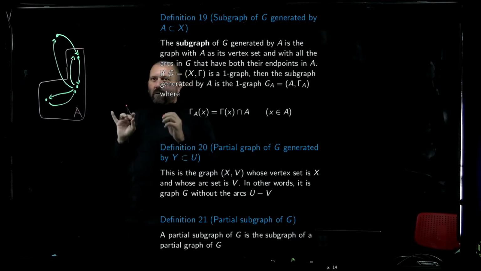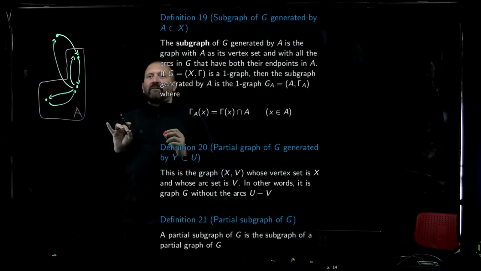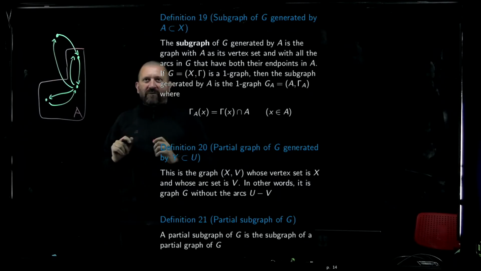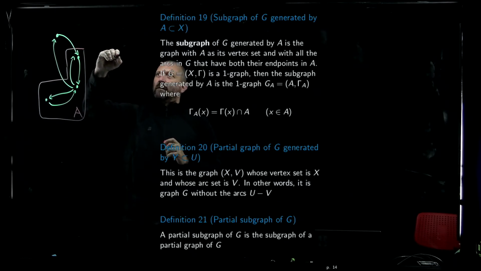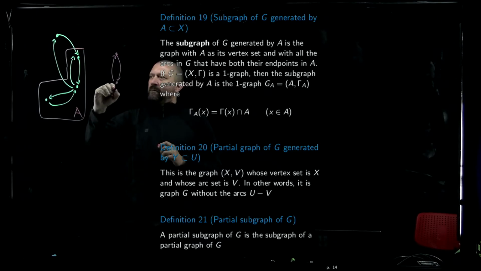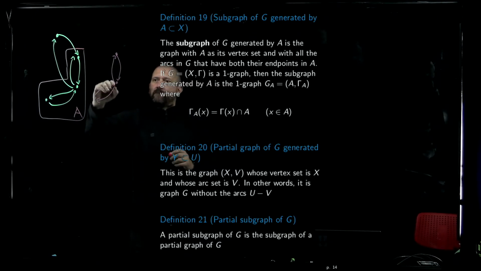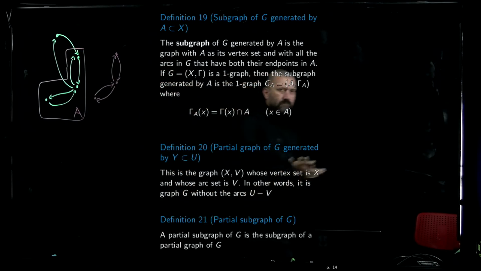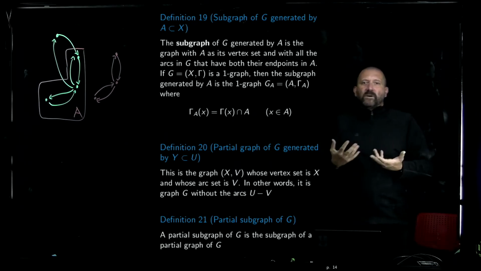So I can only keep the arrows if they are between vertices in the subgraph. So that subgraph is, what do I have? Is this one.